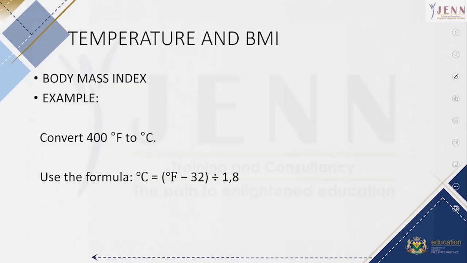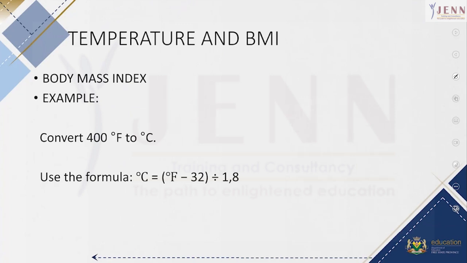So now we'll be dealing with temperature and BMI, but I'm going to start with temperature. You have to convert 400 Fahrenheit to Celsius degrees using this formula: Celsius degrees is equal to Fahrenheit minus 32 degrees divided by 1.8.